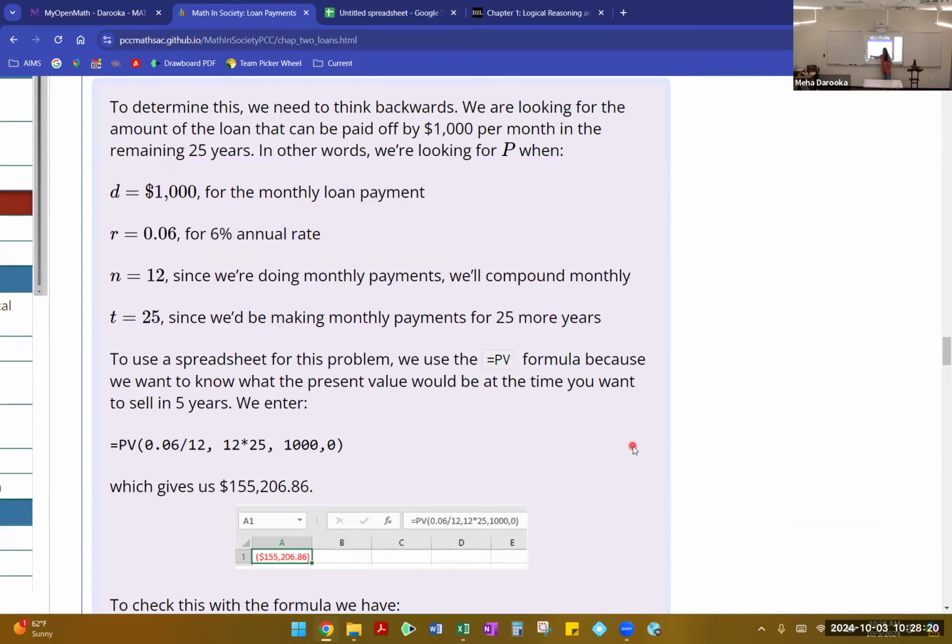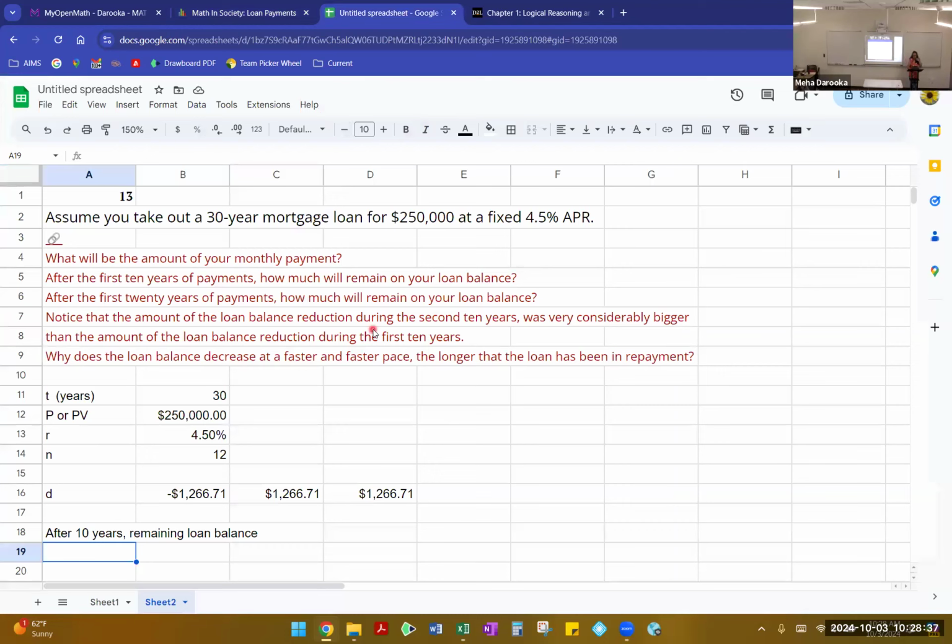So in this case, you would now be using the present value formula, right? Obviously, the rate and the end value will stay the same, the payments will stay the same. It's mainly going to be the number of years you're calculating it on. So that's what we will need to do to figure out after 10 years, how much is our loan balance.